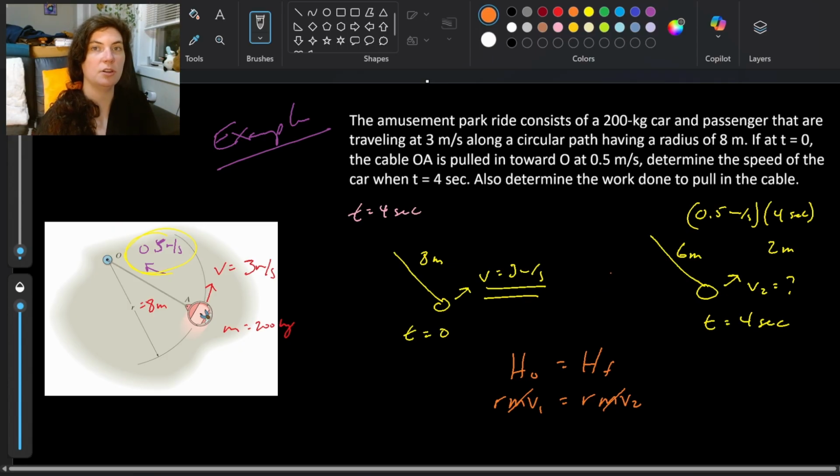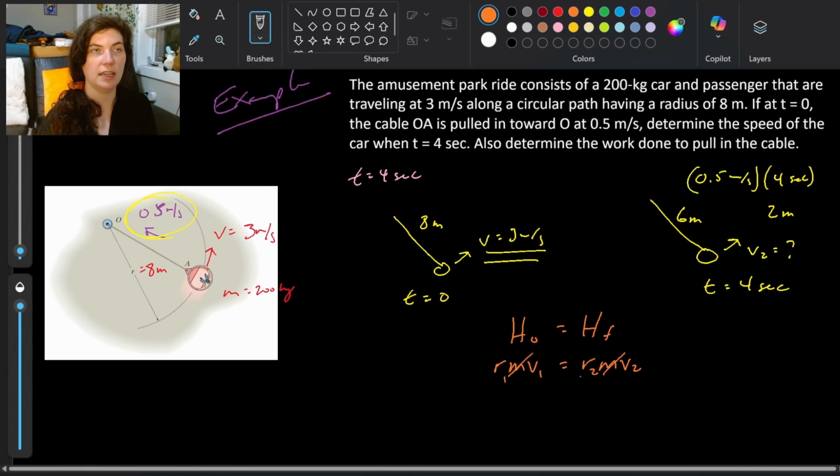But it's very important to note that those radii do change, from R1 to R2. So we've got to keep those accounted for in this conservation of angular momentum, where we have 8 as our initial radius times our initial velocity of 3 equals R2, which is 6, times V2, which is what we're trying to find.